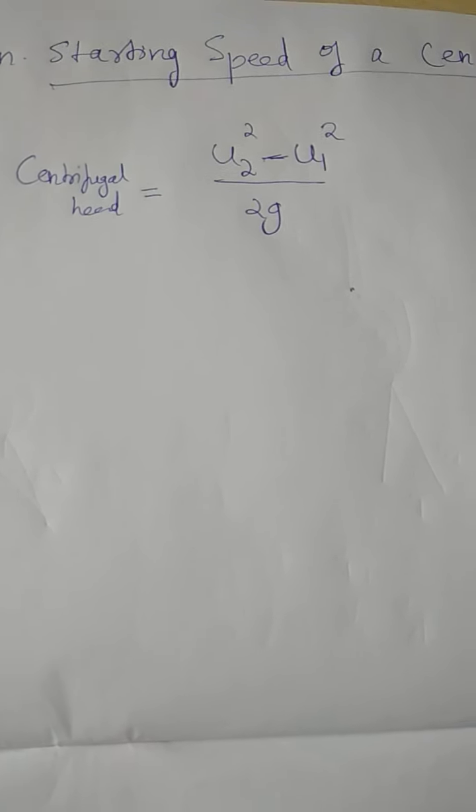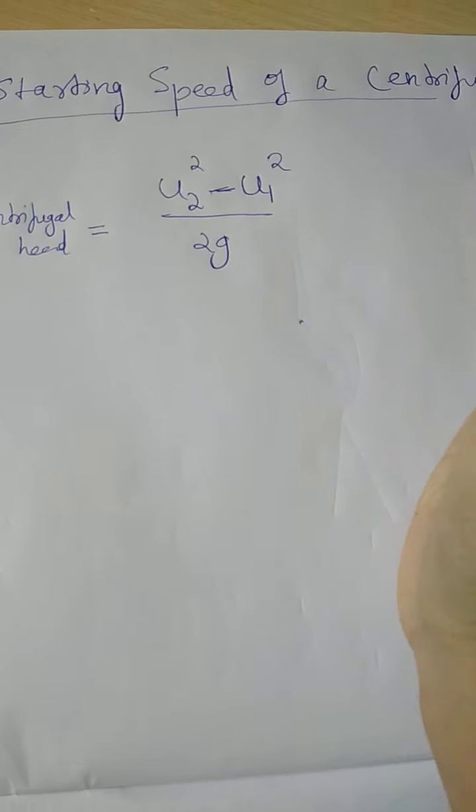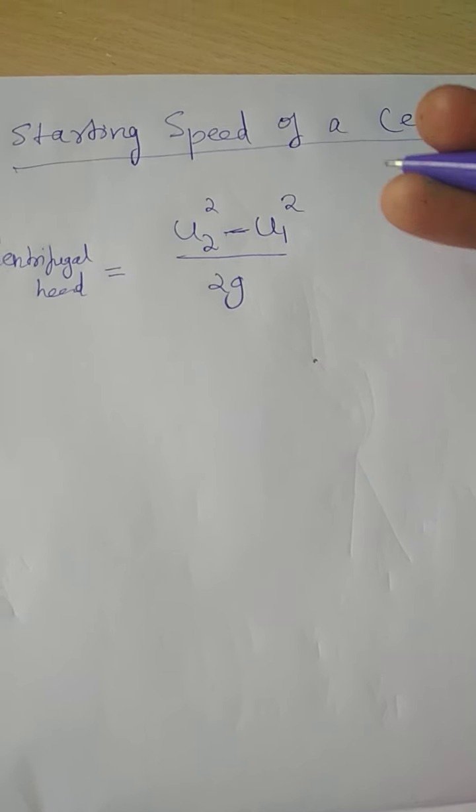The flow of water will commence only after starting the pump when the increasing pressure head of water in the impeller due to the centrifugal force is greater than, or overcomes, the available manometric head.